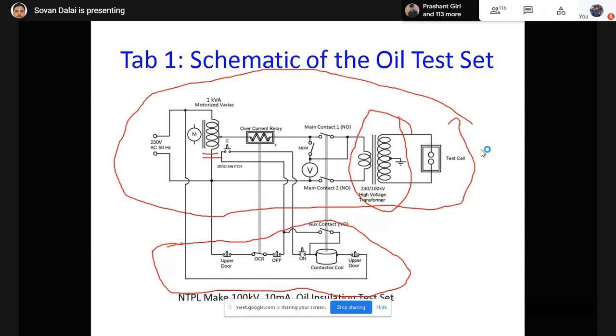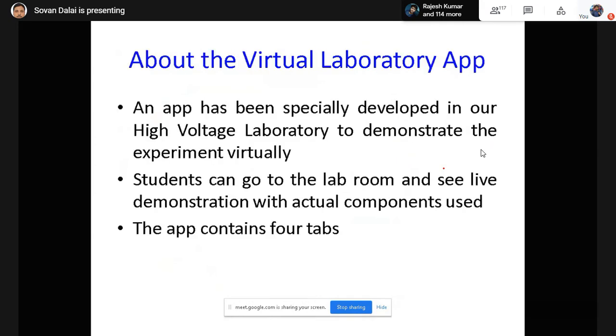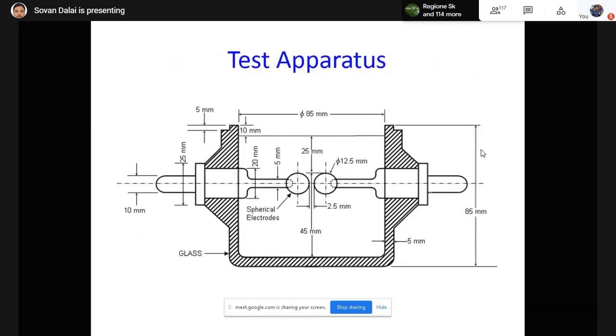From this motorized variac, for simplicity think that all the contacts are closed, and if you gradually increase the voltage, that voltage is fed to the primary of the testing transformer, so gradually that voltage increases, and according to the number of turns, that voltage will be amplified in the secondary. And we have to connect the test cell, whatever sir showed you here, that test set. This is the point where the high voltage transformer output is connected.